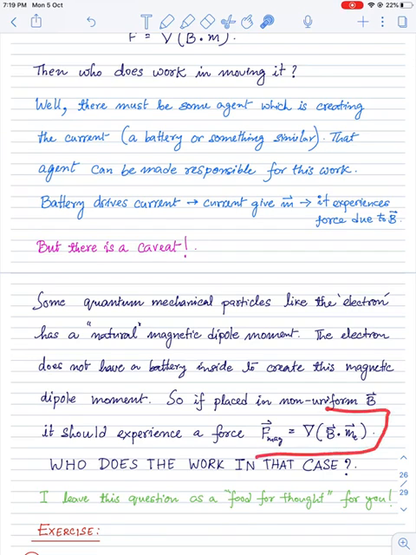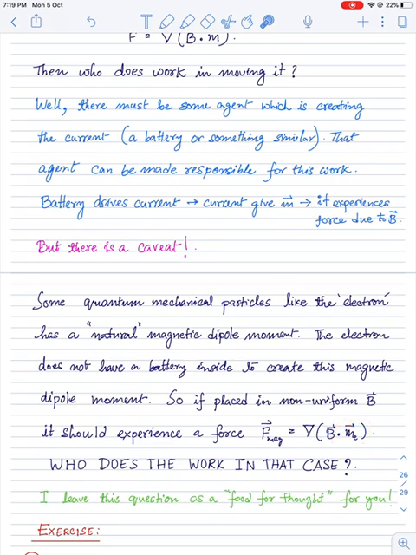Although the derivation we gave here would not work, also because this is probably not within the classical domain. The fact that the electron has a magnetic moment pertains to the domain of quantum mechanics, or rather quantum field theory, and therefore probably should not be thought about classically.